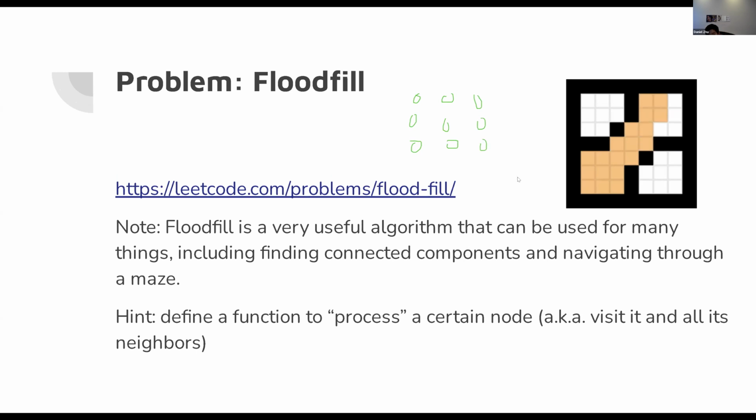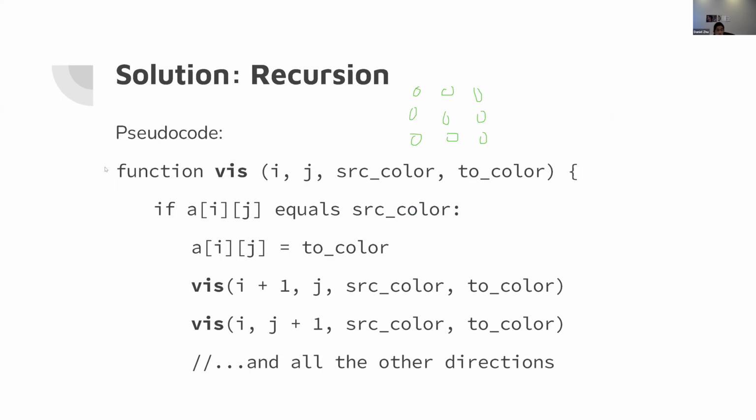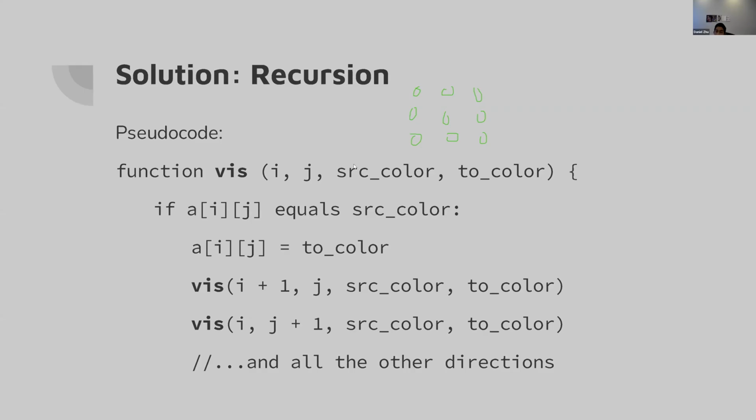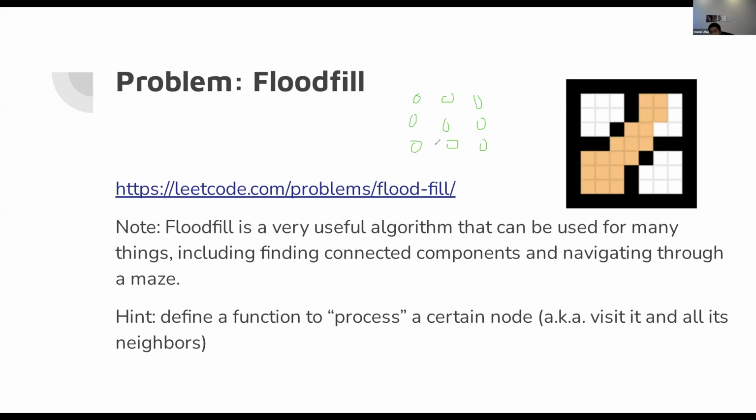And if you notice from the implementation here, you visit all the directions in a certain order. So let's say that this order is something like right, left, up, down. So first you go right.